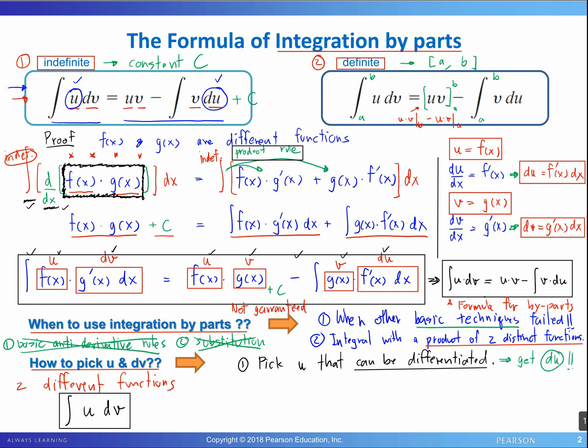And now the second guideline, number 2. Pick dv that can be integrated. Once again, let's take a look at the formula at the top left, the same one.